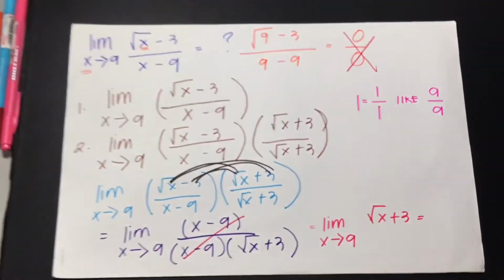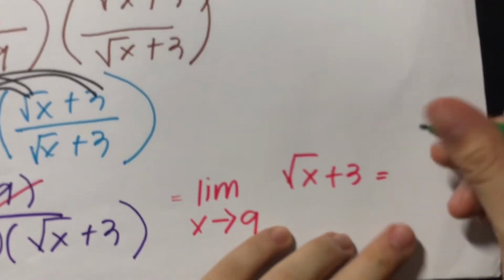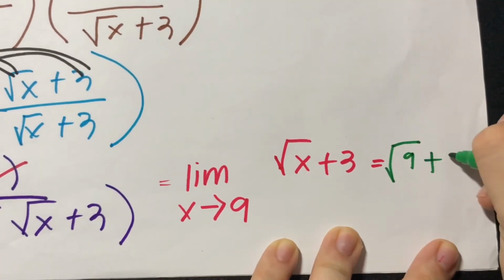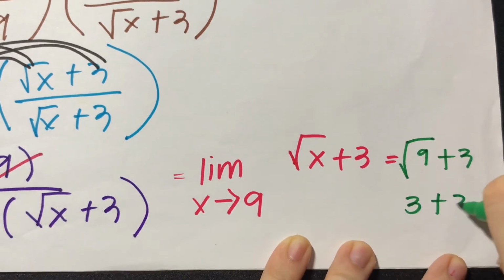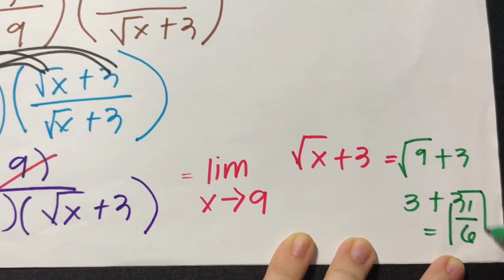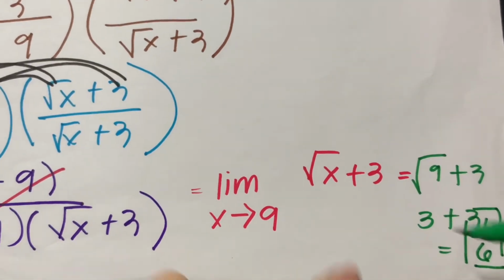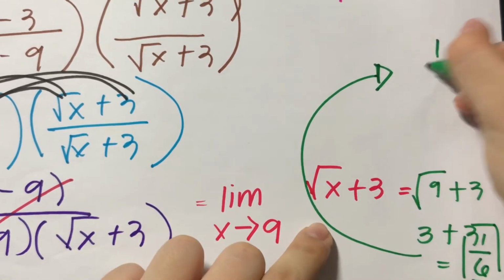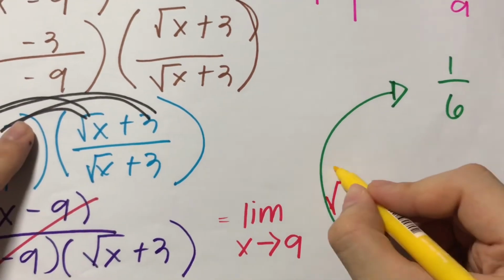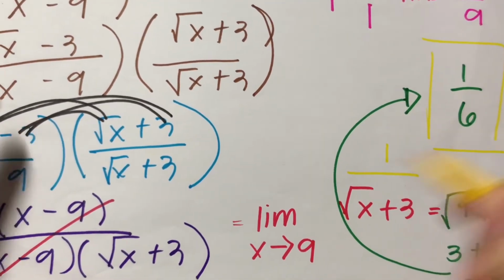Cancel x minus 9, so we are left with square root of x plus 3. Substitute: it will become square root of 9, which equals 3, plus 3 will become 6. So here it will become 1 over 6, since you still have 1 at the top because of your cancellation.